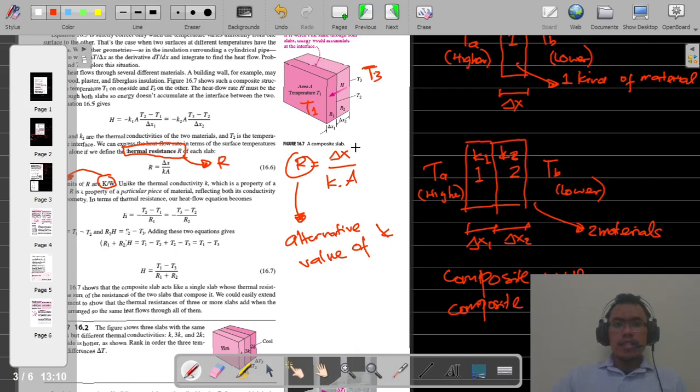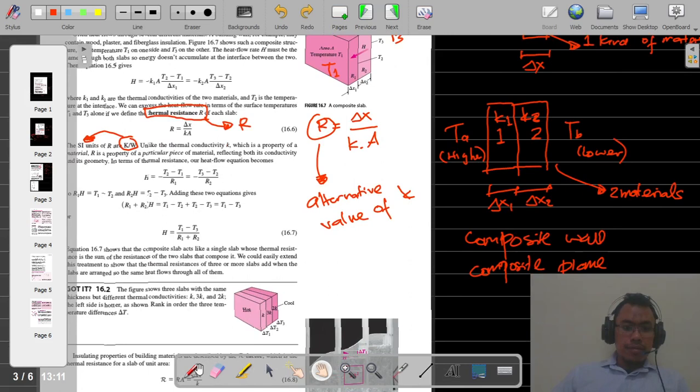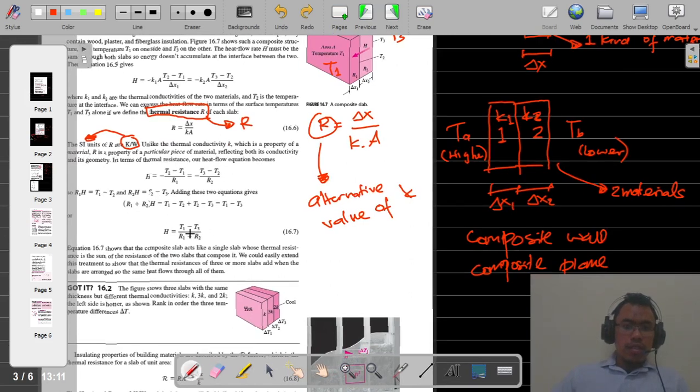The delta T here is a temperature difference between the temperature on each side, which is T1 minus T3.